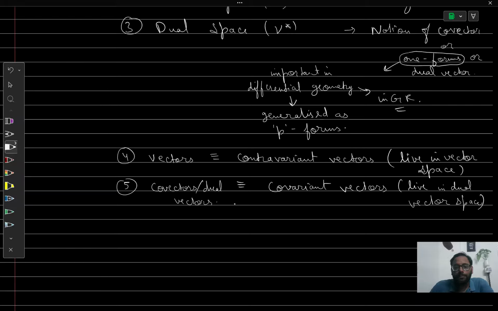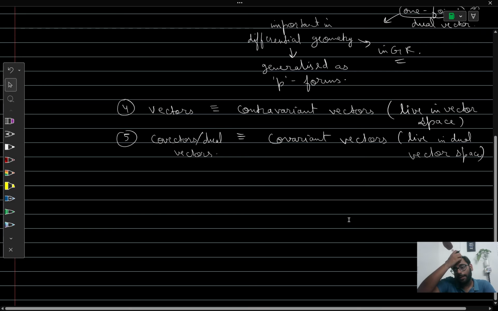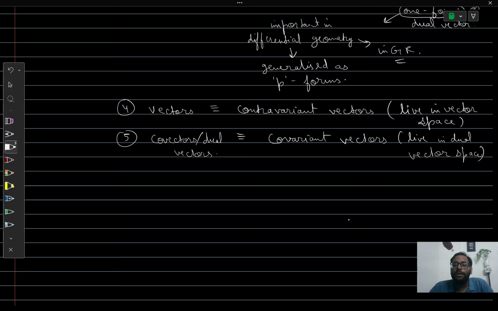You can call them dual vectors and vectors when you are just considering the definition of vector space and dual vector space. And when you are looking at how the components of a vector change when you change the reference units of the reference axes of a particular reference frame, then you can look at these words like contravariant and covariant.